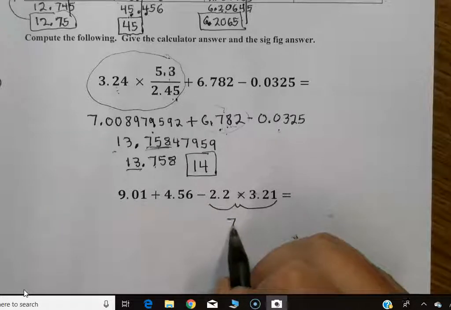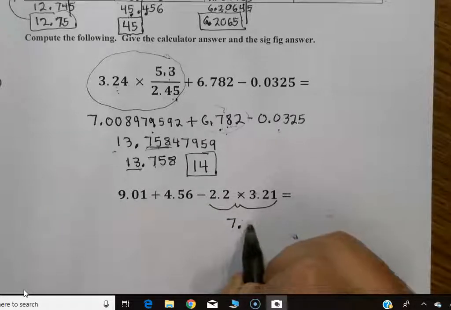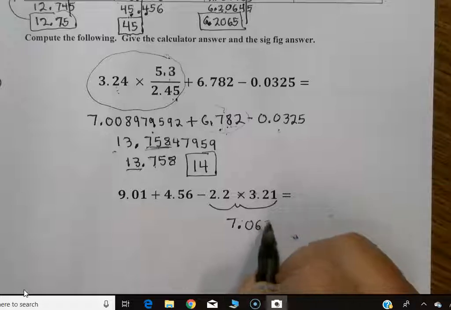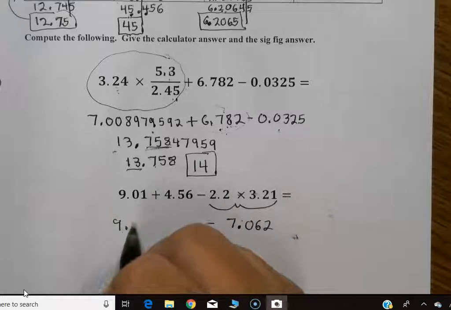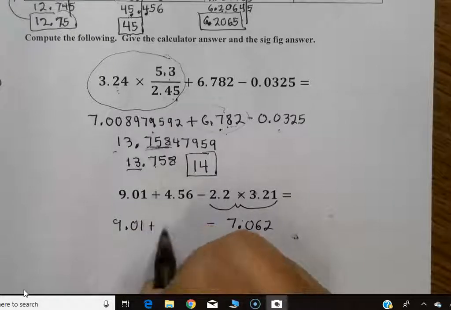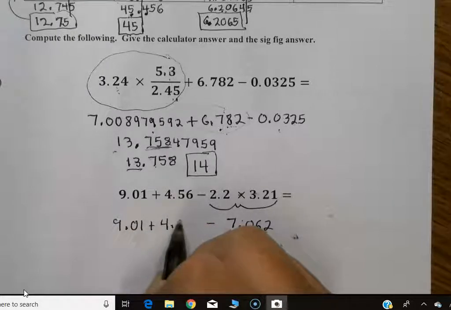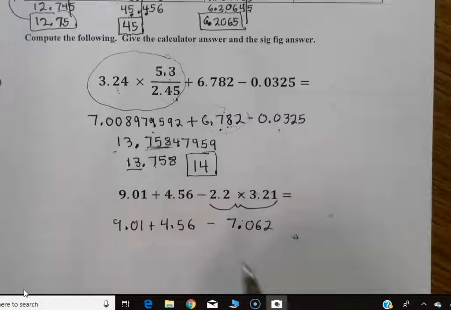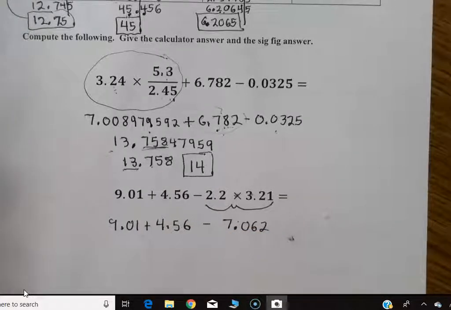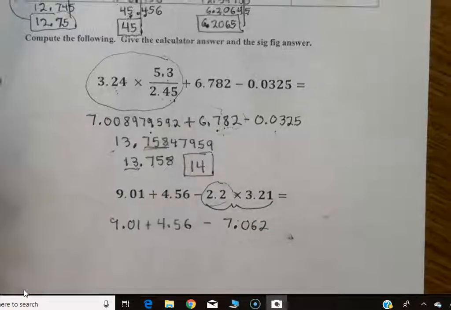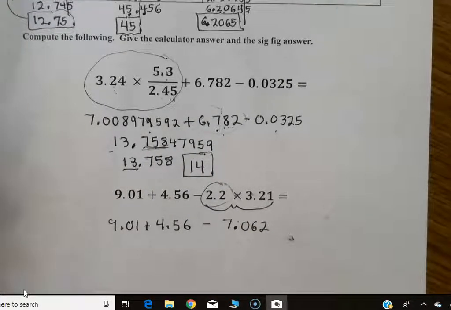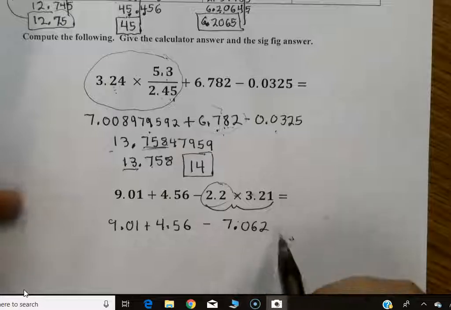So this is going to give us 7.062, and then the other 2 numbers, we'll go ahead and just write them in here. Okay, so now we just have additions and subtractions. So we're going to circle this because it tells us we're 2 significant figures at most. Let's go ahead and add all these together.